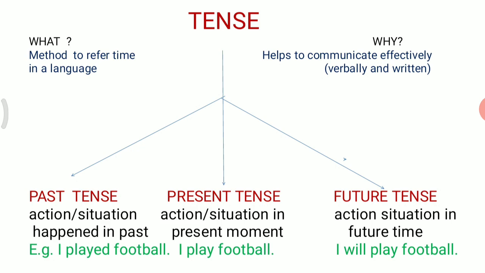Just look at the examples. I played football. I play football. I will play football. Now, in all these three sentences, you can see that the subject I and object football are the same, but the verb is changing, and that is why we are able to understand at which time the action of playing is happening, whether it is happening in the past or in the present or in the future.